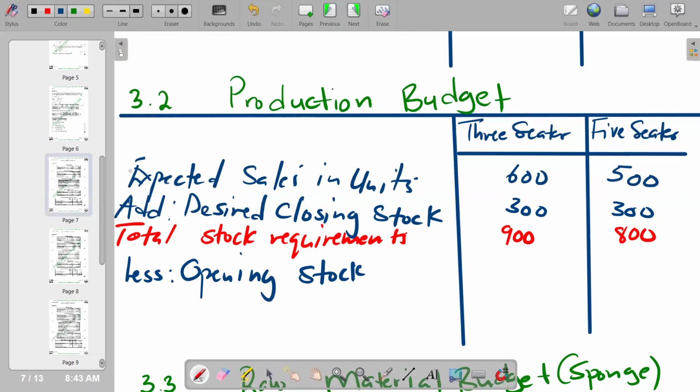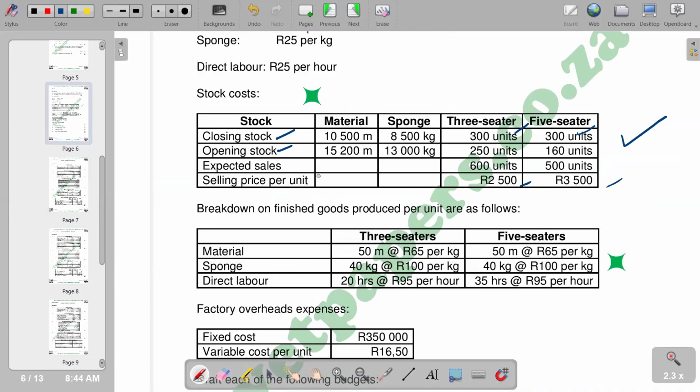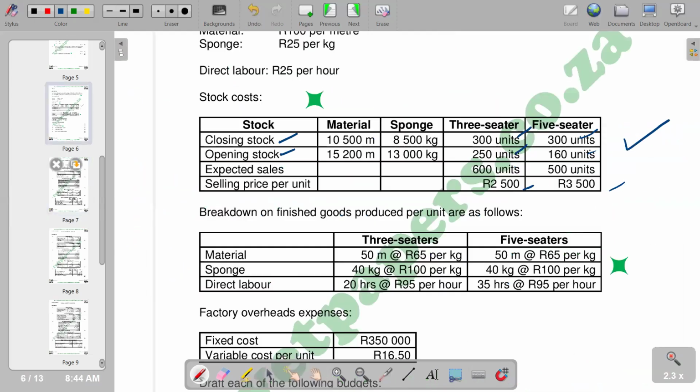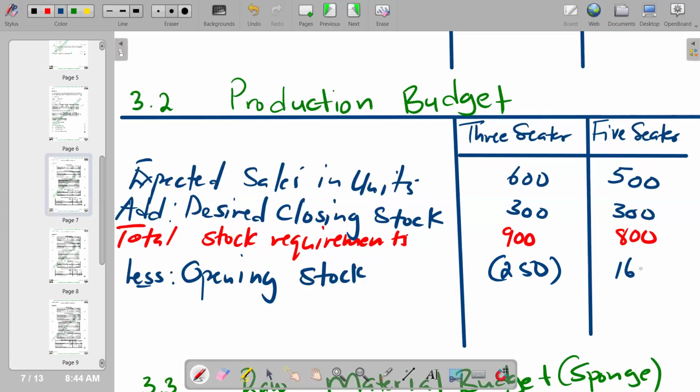For opening stock, we refer back to see what we have: 250 units for the three-seater and 160 units for the five-seater. So we are saying less at this point, meaning we are subtracting 250, and then on the five-seater we subtract 160.